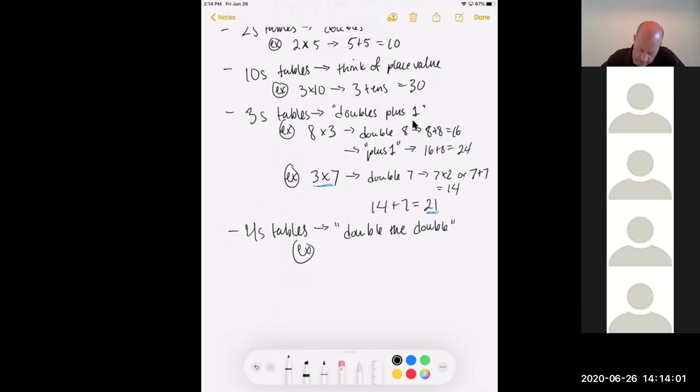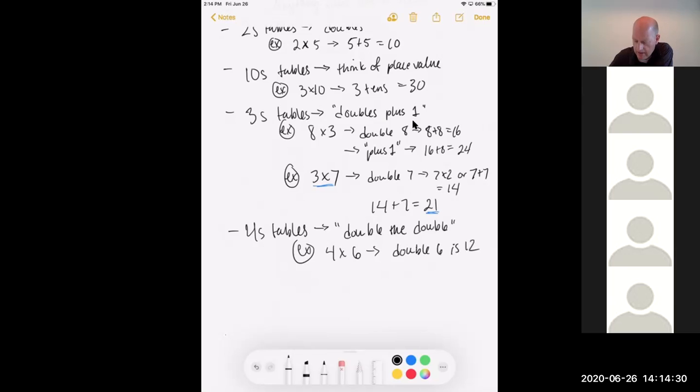If we wanted to do 4 times 9, that's pretty tricky, there are better ways to do the 9s. So let's try 4 times 6 and double the double.